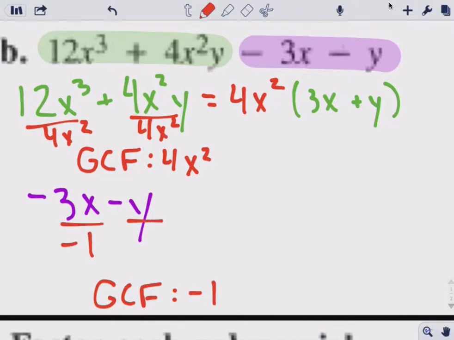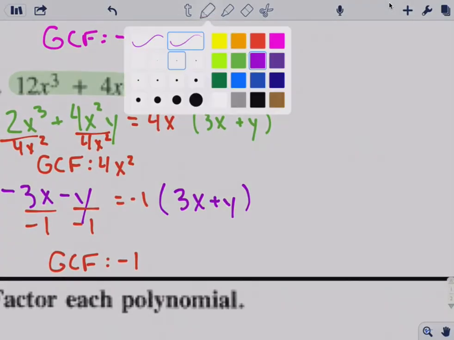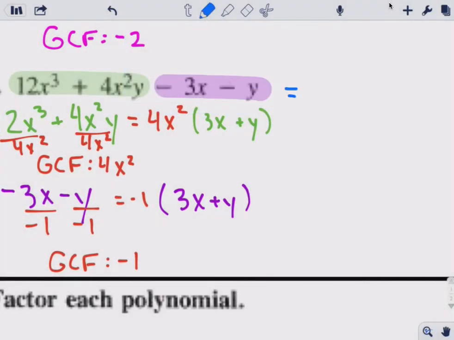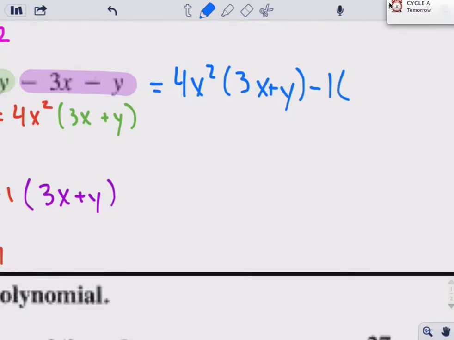So again, that's the same thing as dividing by negative 1. When I divide the negative 1 out, that leaves me with a 3x plus y. So all I've done is I've taken these two pieces at the top and reworked them to give me the new expression: 4x squared times 3x plus y, minus 1 times 3x plus y.